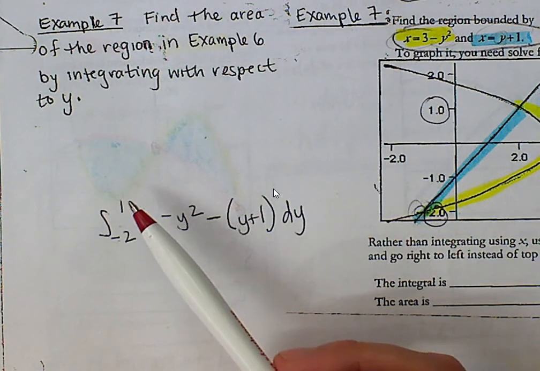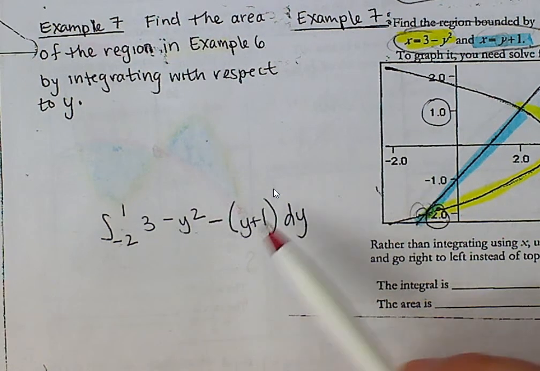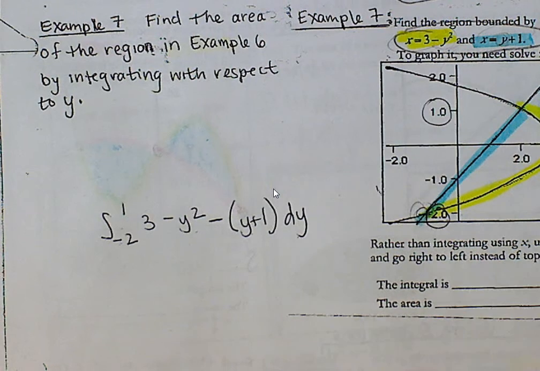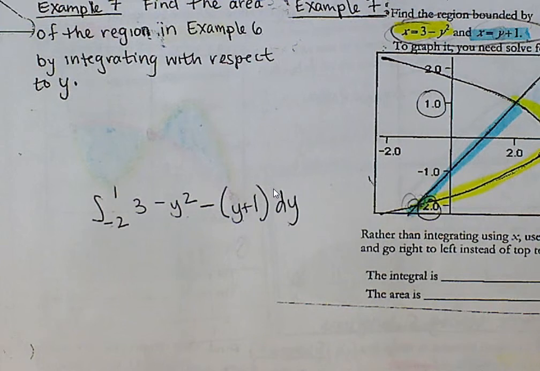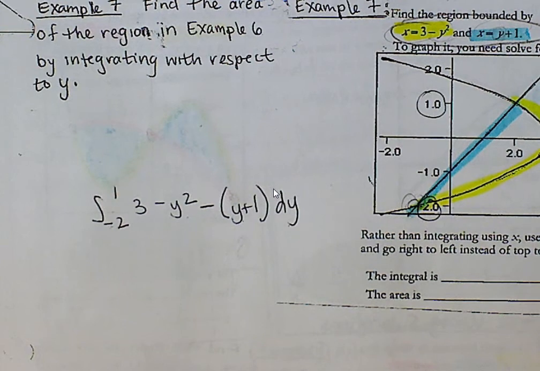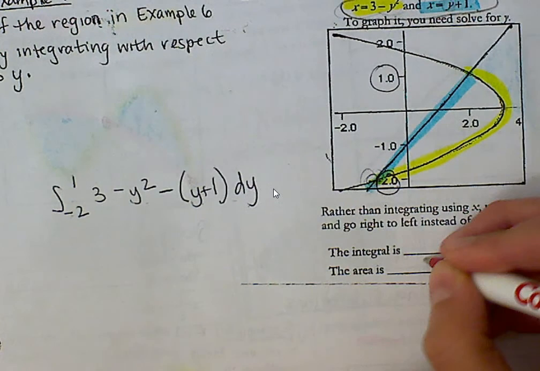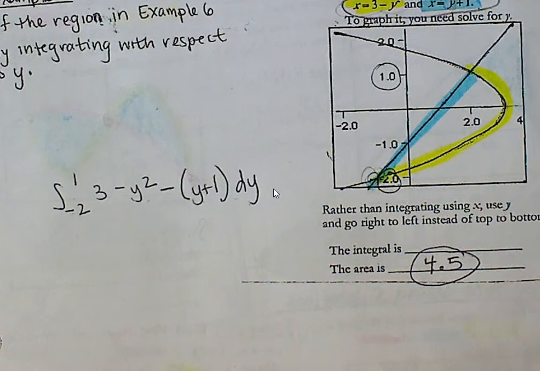Frankly, the calculator isn't smart enough to know the difference. So if you just type in x, x, and x, but have everything the same way it is here, the calculator will calculate correctly. And we can talk about that more later if you have questions, like why do I have to write y here, but I can type x on the calculator? It's because the calculator's dumb. But this would end up being 4.5, so you can check that.